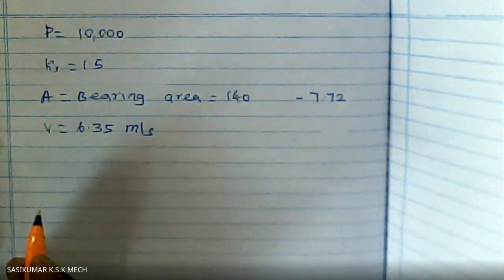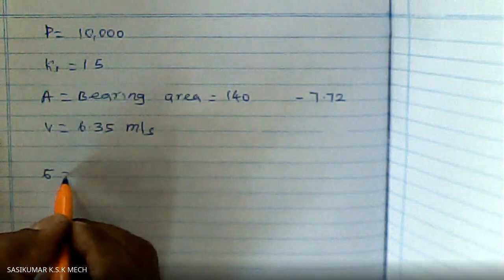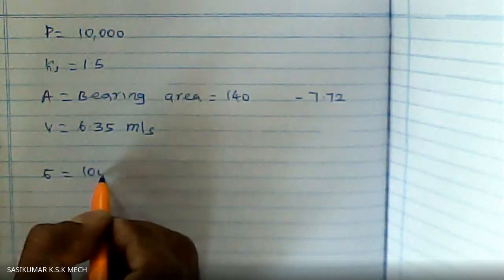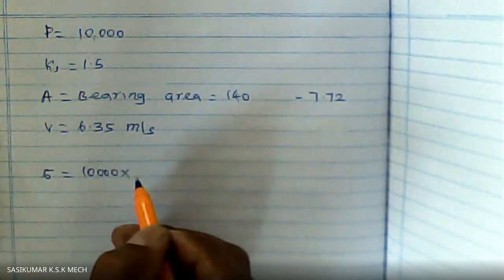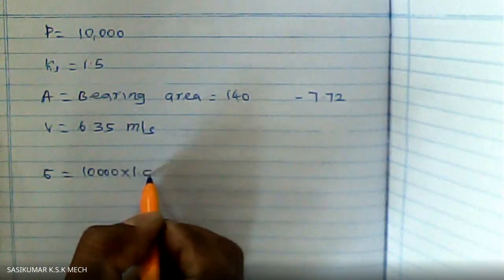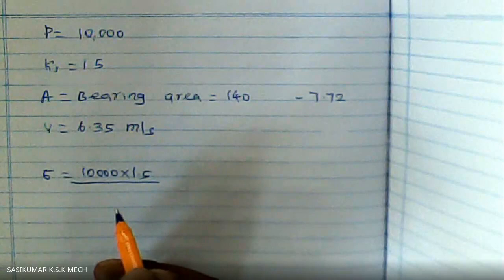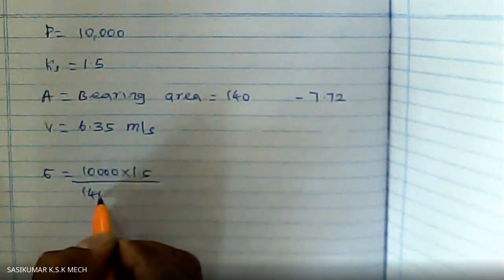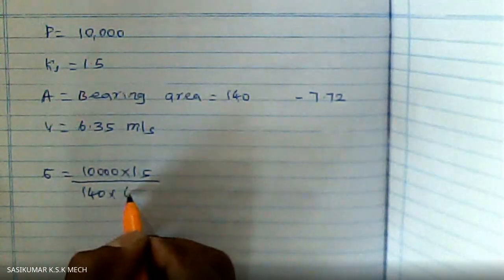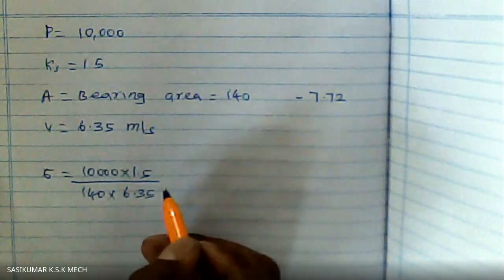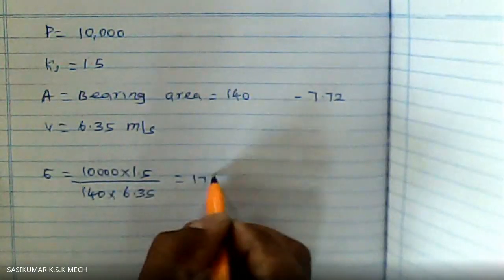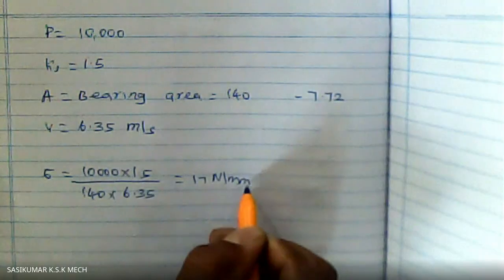Now we know all the values. Sigma is equal to 10,000 into service factor 1.5 divided by area 140 into velocity 6.35, which is 17 Newton per mm square.